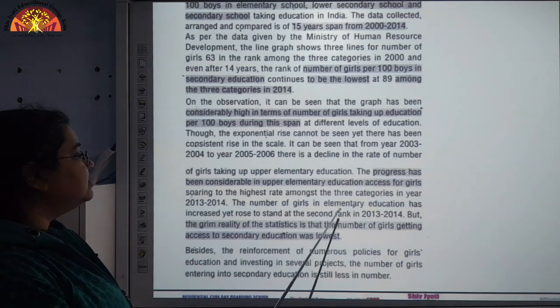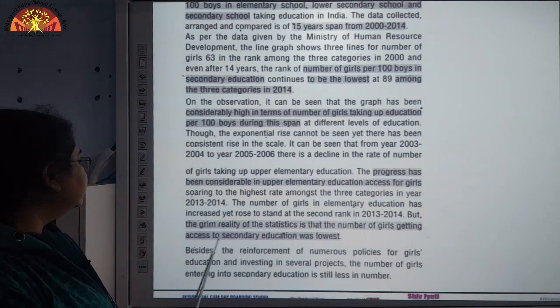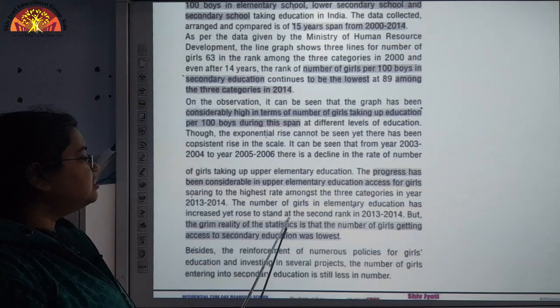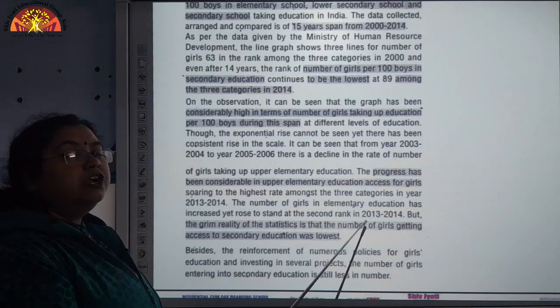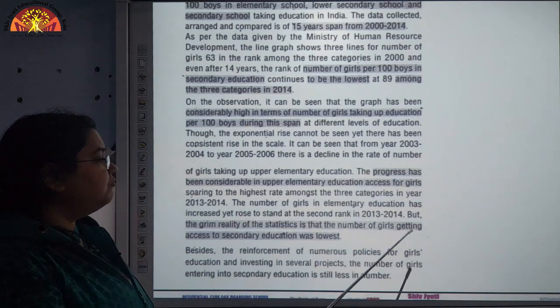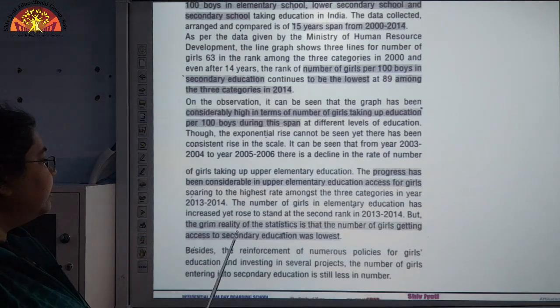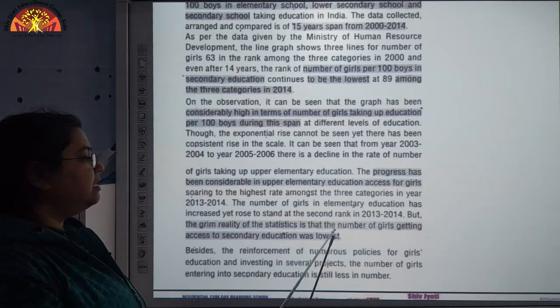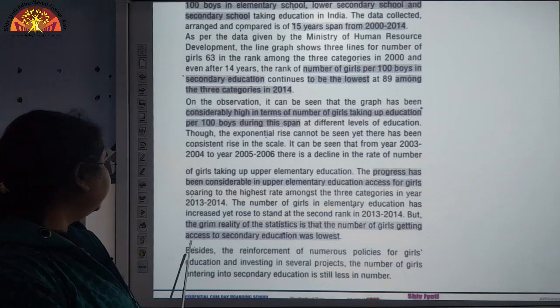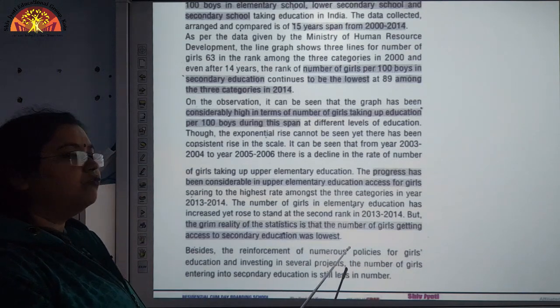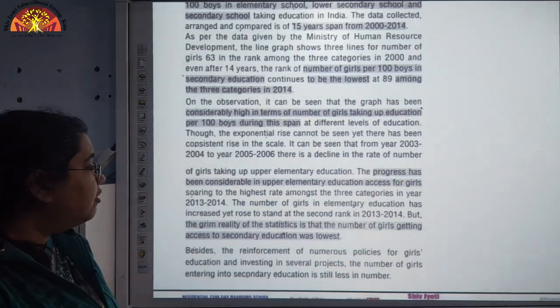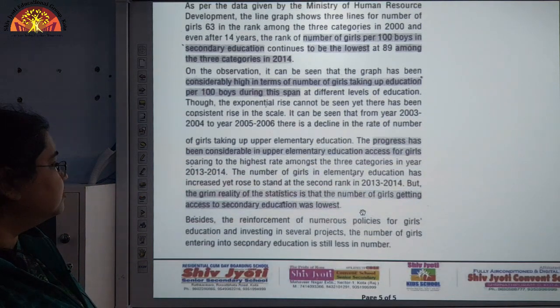The number of girls in elementary education has increased and rose to stand at second rank in 2013 and 2014. But the grim reality of the statistics is that the number of girls getting access to secondary education was lowest. So, this is your final observation.